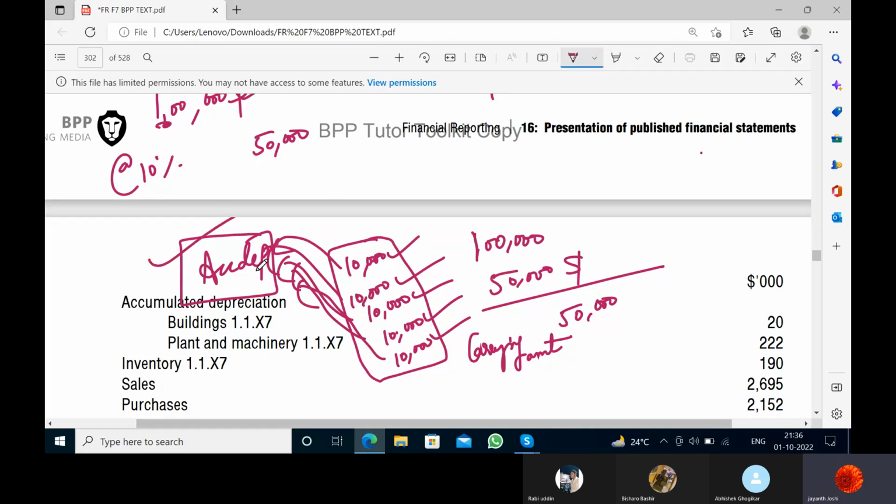How much is the accumulated depreciation of 5 years in this account? 50,000. That 50,000 will be deducted from the asset, and now the asset value is 50,000. So after 5 years, every year's 10,000 has been deducted, and now the asset value is 50,000. This is called book value or carrying amount. Now is it clear, Abhishek?